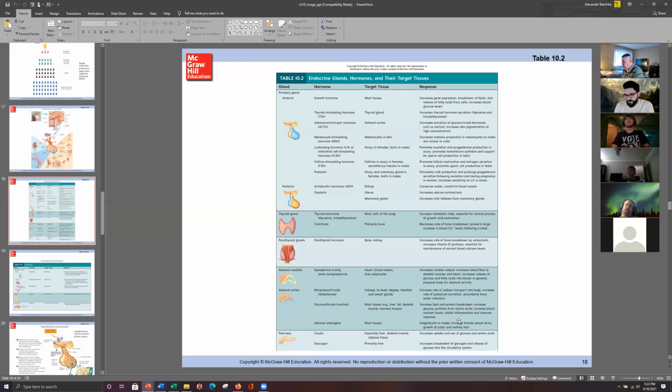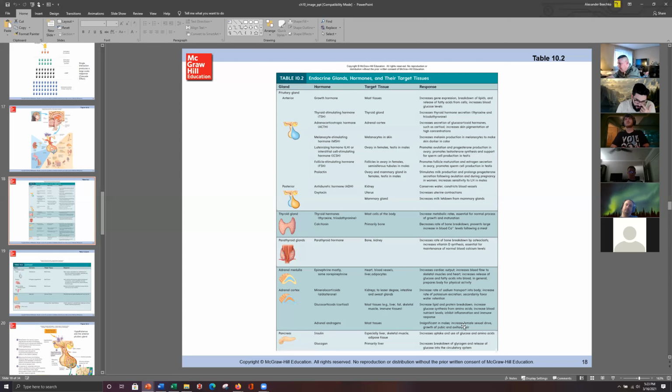So usually a stress response results in us breaking down extra energy sources, things like proteins, fats, sugars, not necessarily in that order, but we generally will break down things as a response to that. It can increase glucose synthesis from amino acids, increases blood nutrient levels, and inhibit inflammation and immune response.